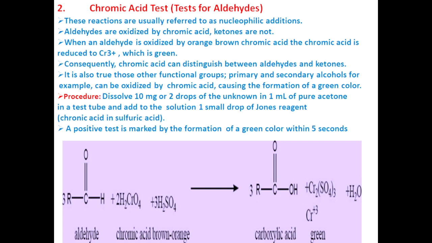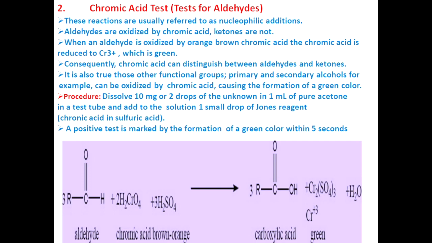So the reaction of chromic acid with aldehyde to form the acid is a confirmative test for the presence of aldehyde. Aldehydes are oxidized by chromic acid, ketones are not. So it is a test to distinguish aldehyde from ketone.